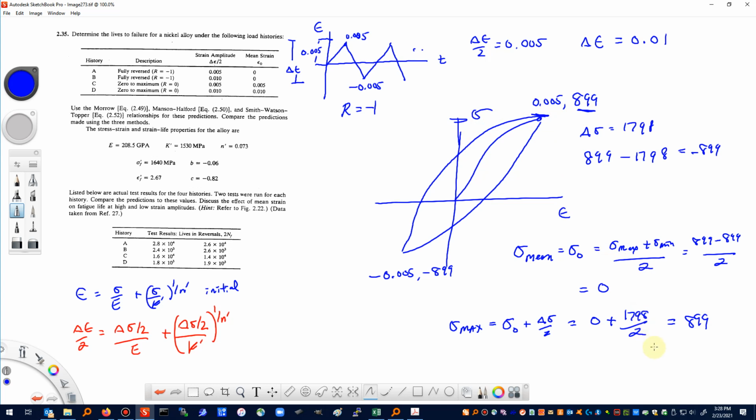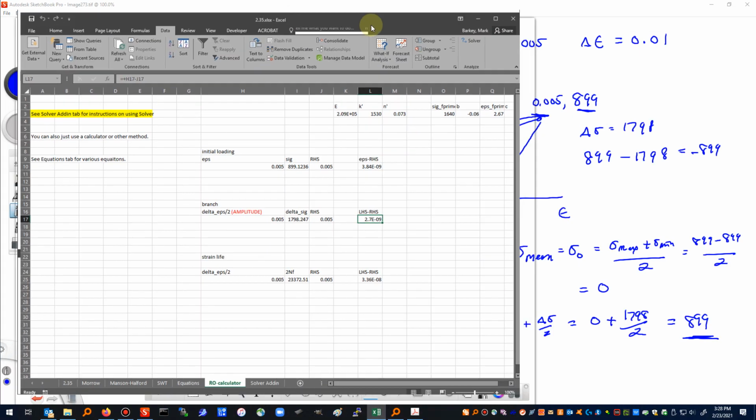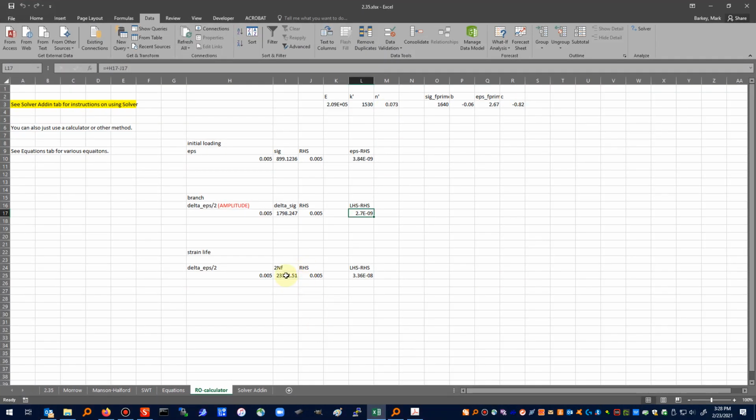So we need to remember these values: 899 for the maximum and a mean stress of 0. Now, just for fun, I also have a strain life calculator on this page using no mean stress correction whatsoever. Remember how this works. Let me put in some number here.